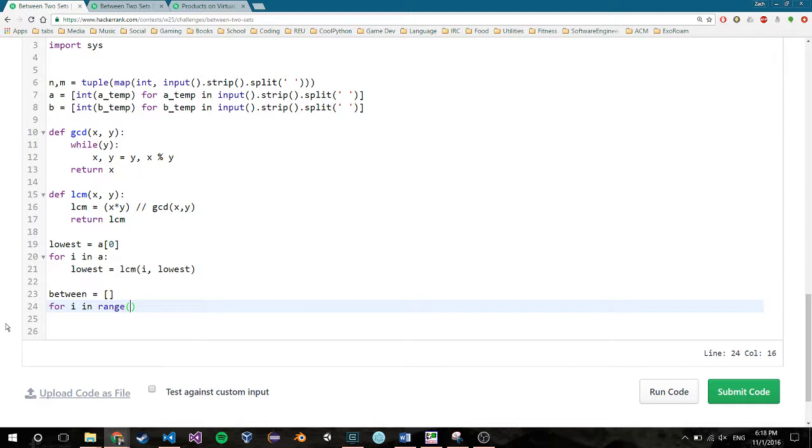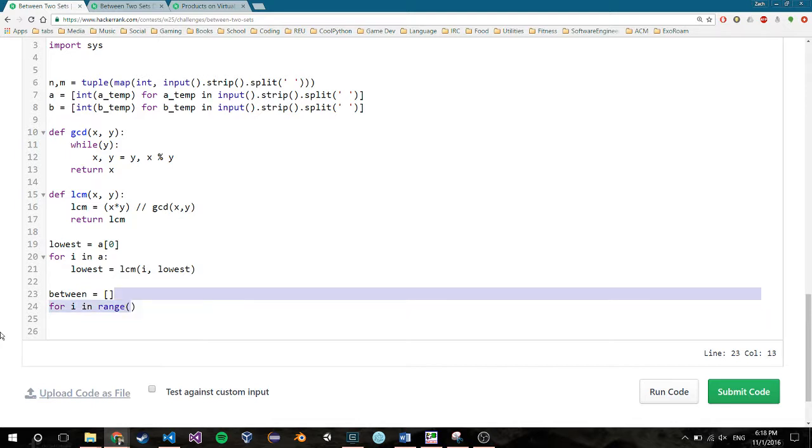You'd stop whenever your value is larger than your maximum. Well, you'd take the maximum multiple in A, and then keep going until the minimum multiple in B. Seems that lowest works.